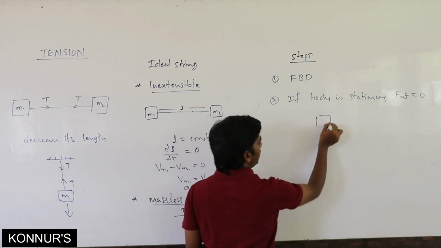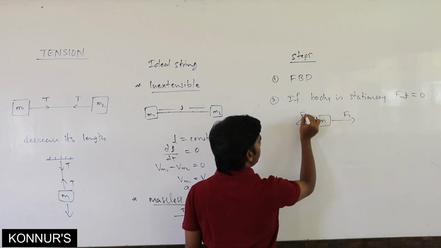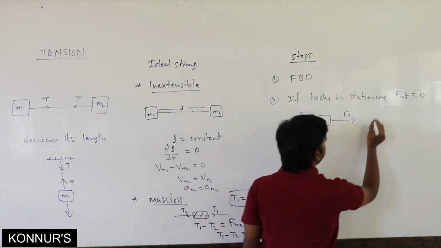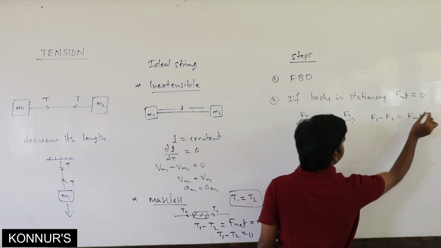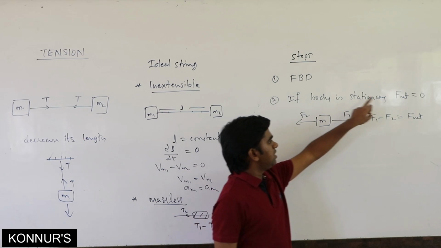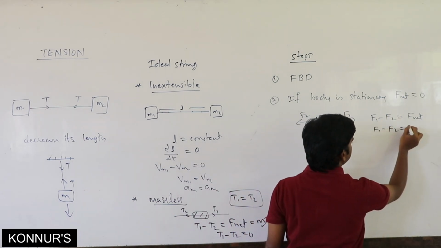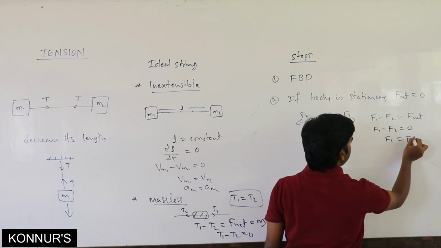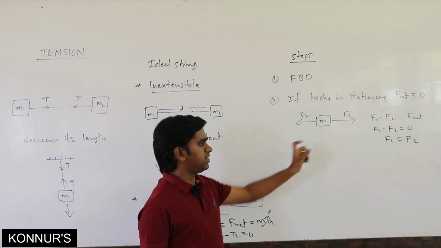Suppose the body is not moving. If force F1 is acting on this side and force F2 on this side, the net force is F1 minus F2 equals F net. If the body is stationary, take F net equals 0. Then F1 equals F2, which means the body is not moving; it is stationary.